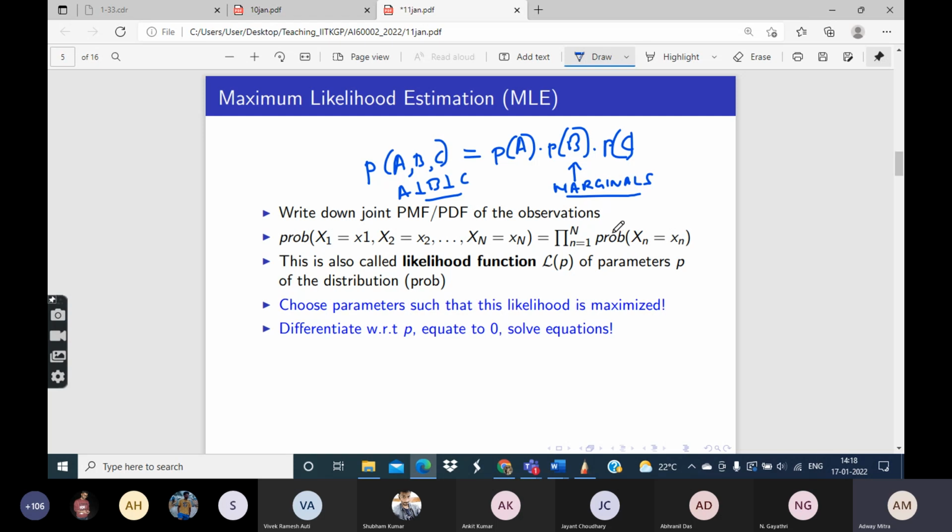Now this marginal is basically the PMF or PDF of whatever distribution we have already chosen.